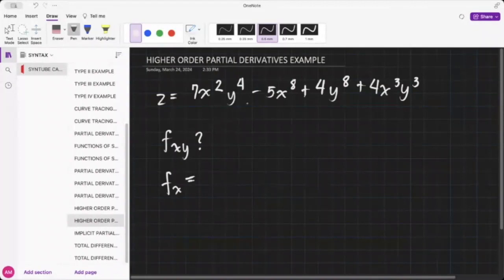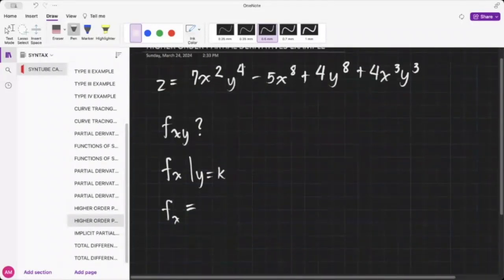With respect to x, lahat ng y dito, lagay lang natin para hindi tayo malito, ay constant. So, f of x equals to, ano yung constant mo dito? 7y raised to 4. Okay?